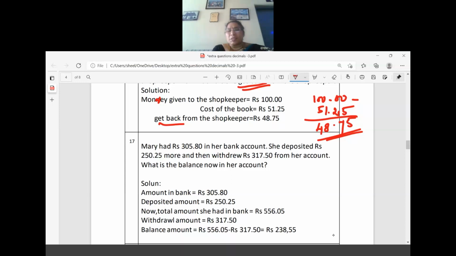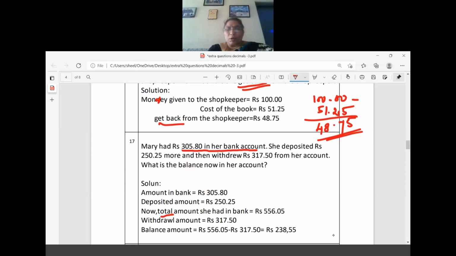Mary had rupees 305.80 in her bank account, right? So first she is having just 305.80 in her account only. Now, she deposited rupees 250.25 more. That means the amount is increased there.